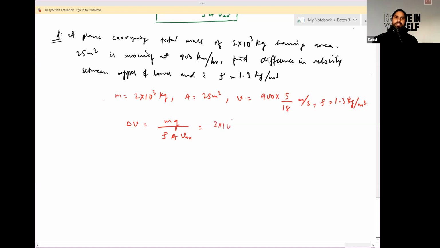Mass is 2 × 10⁻³, gravity is 10, divide by density 1.3, area 25, velocity 900 times 5 by 18. So it will be 250. This 0 and this 0 will cancel out.